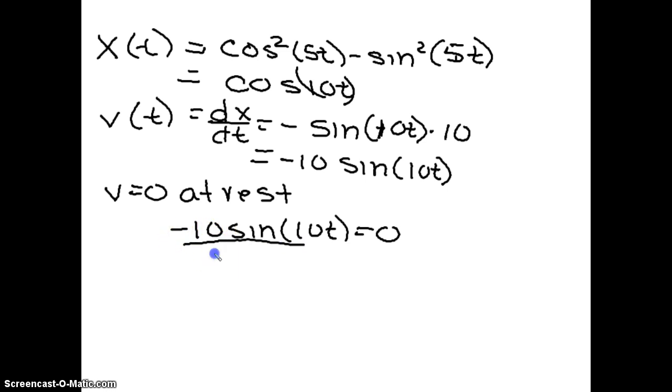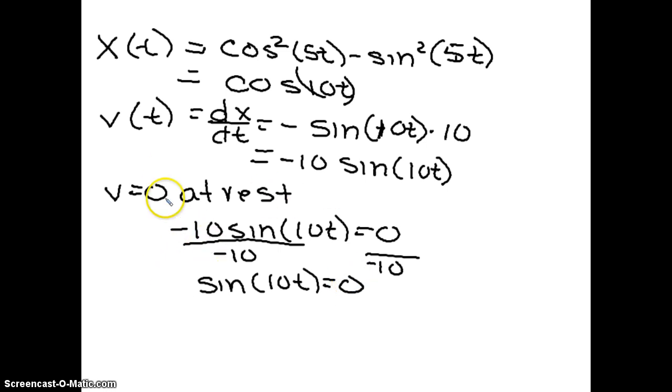Since I'm dividing by negative 10, and there's a 0 on the other side, I'm still going to get the sine of 10t is equal to 0. So be careful though, if this number right here were something other than 0, you'd have to take this number, divide by that, and then deal with the new value right here.